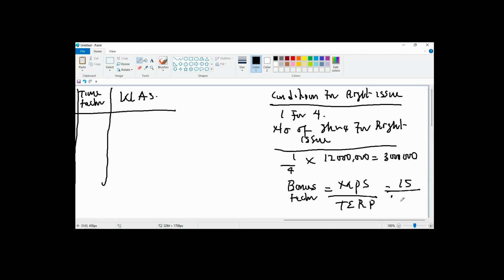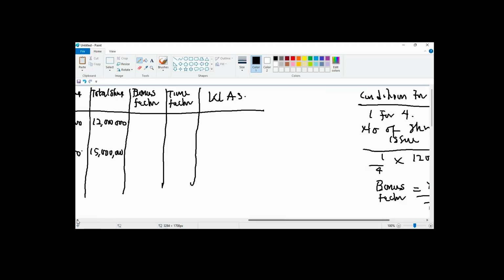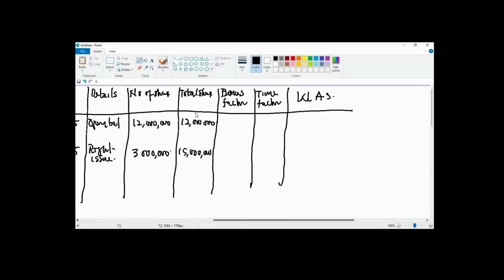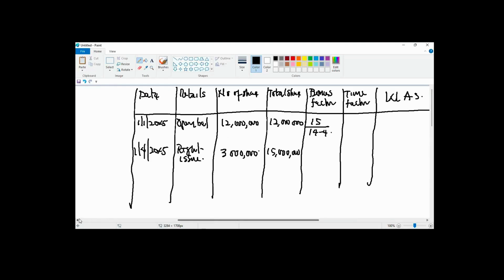14.4. Don't forget, it must be given to existing shareholders. So I'll now say 15 over 14.4. Then we have the time factor.